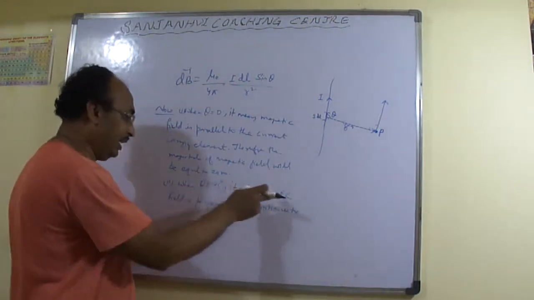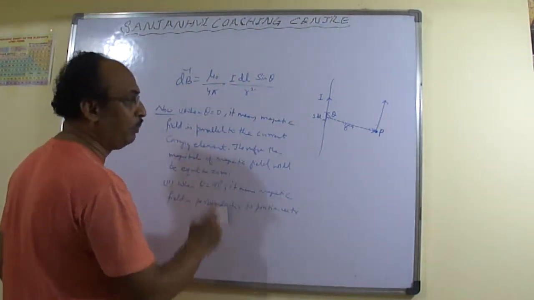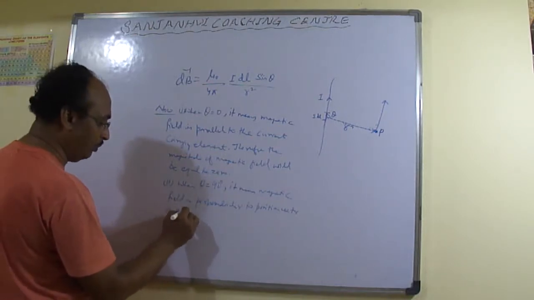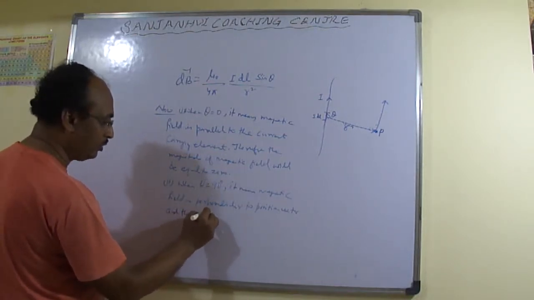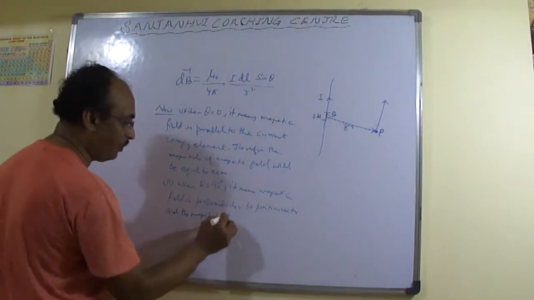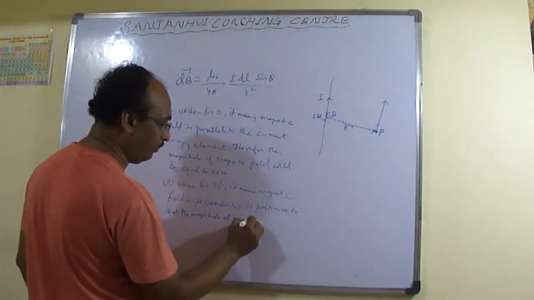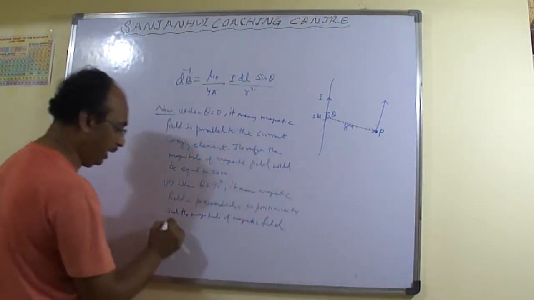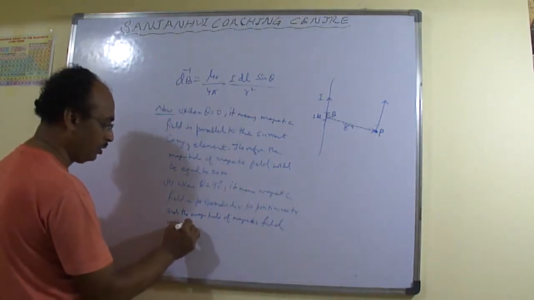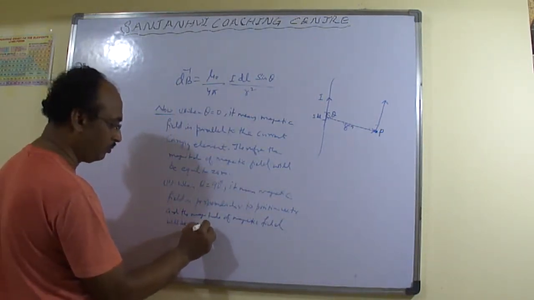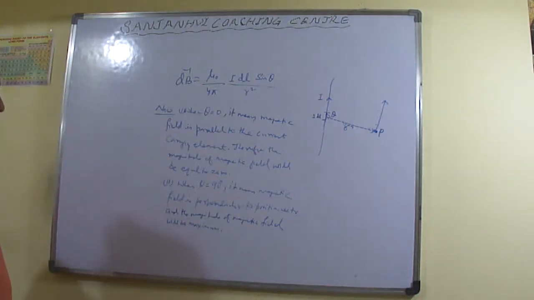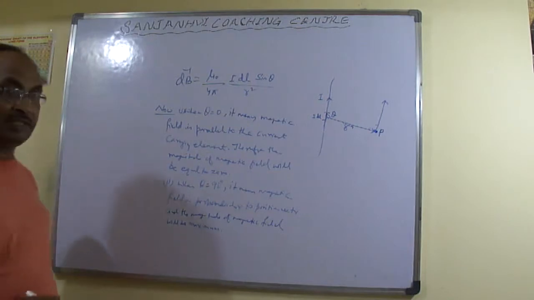When theta is 90 degree, this magnetic field is perpendicular to position vector, and the magnitude of magnetic field will be maximum. Yes, sir. Now one thing we need to remember regarding its direction.